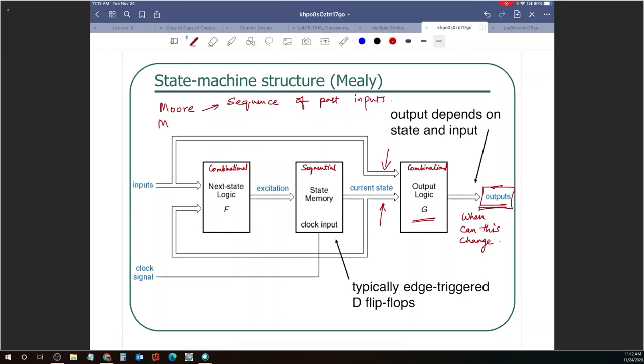But Mealy depends on inputs. That's the difference. Because as you are changing the input, your current state would change, then it would change the output for Moore, right? You see the difference now?